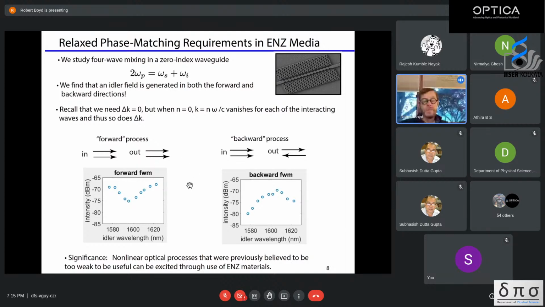So what is the significance? Well, nonlinear optical processes that were previously believed to be too weak to be useful can be excited through use of ENZ materials. So this is brand new, not published yet, but I think there's a lot of promise in seeing how these relaxed phase matching conditions can lead to new applications for nonlinear optics.